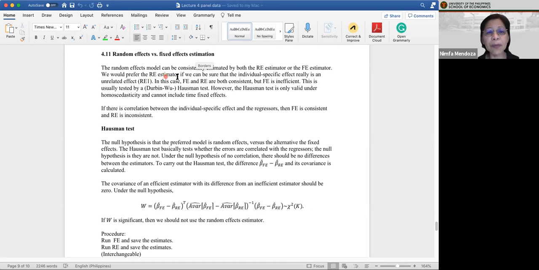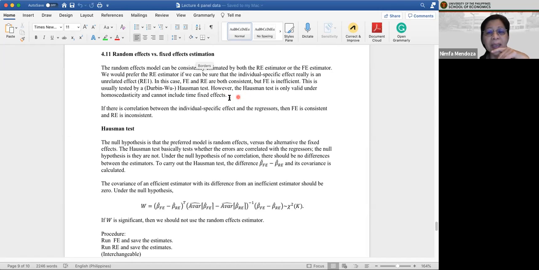Why would we prefer the RE estimator? In this case, both the fixed effects and the random effects estimators are consistent. However, the fixed effects estimator is inefficient. This is usually tested by the Durbin-Wu-Hausman test. We'll go through the Hausman test.